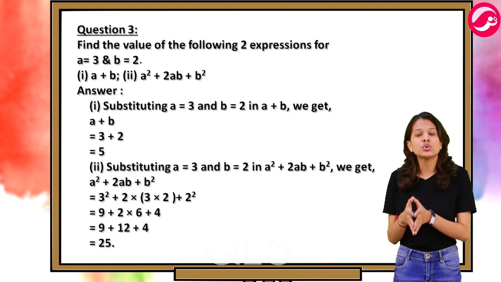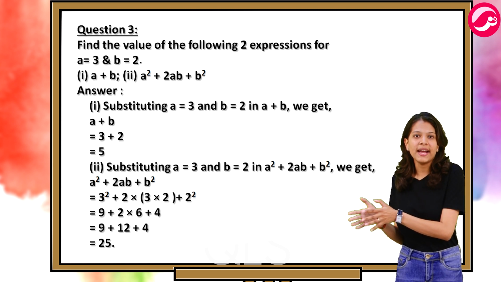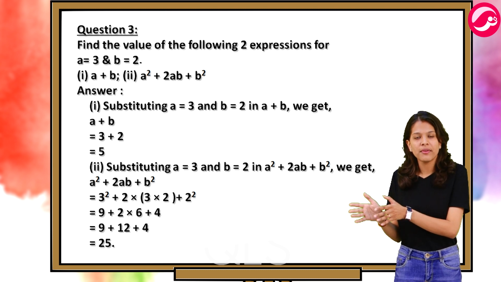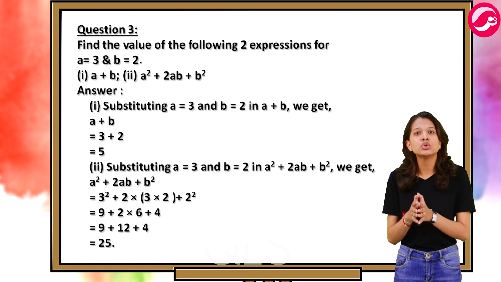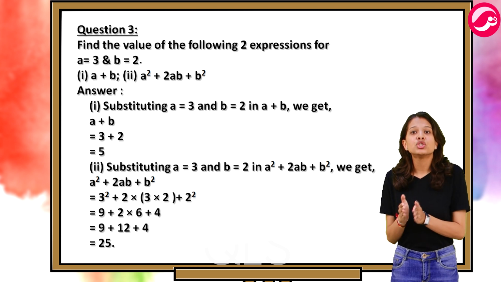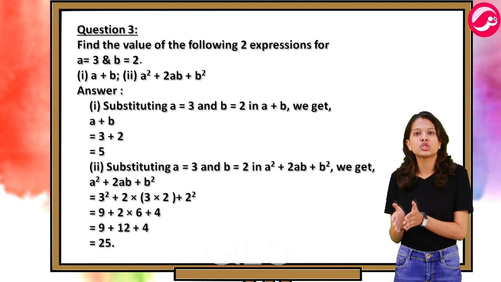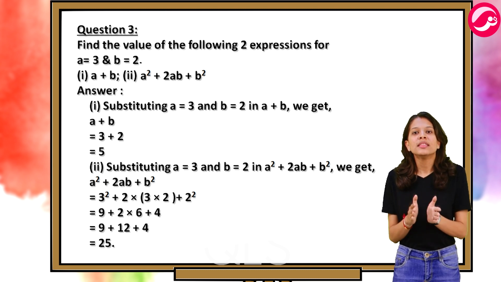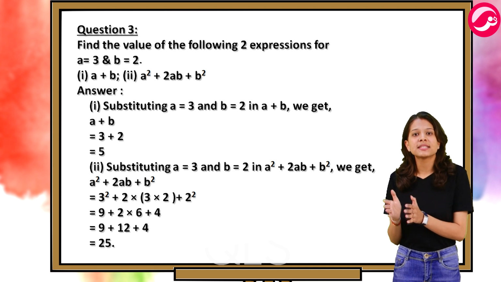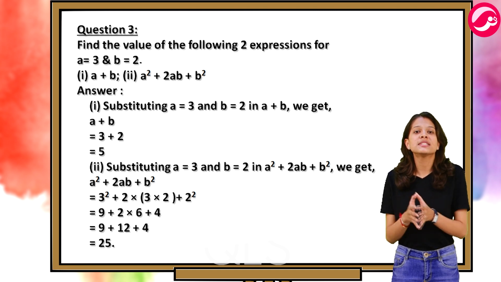Substituting a equals 3 and b equals 2 in a plus b, we get 3 plus 2, which equals 5. Substituting in a square plus 2ab plus b square, we get 3 square plus 2 into 3 into 2 plus 2 square, which is 9 plus 2 into 6 plus 4, that is 9 plus 12 plus 4, which gives us 25.